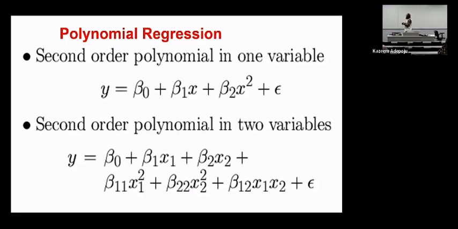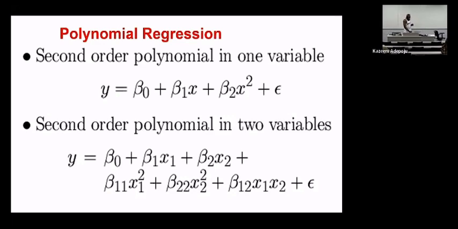Now, when you take a look at the second one, there is a linear effect, there is a quadratic effect, and there is an interaction effect. You see x1 separately, x2 separately. That's the linear one. When you see x1 squared, that's the quadratic effect for x1. x2 squared is the quadratic effect for x2. x1x2 is the interaction effect.